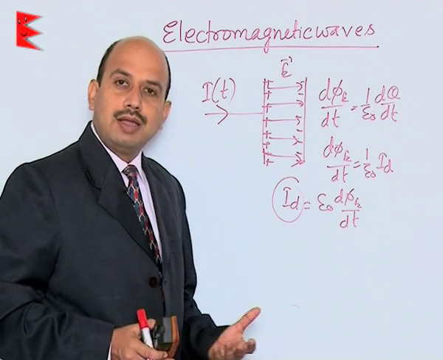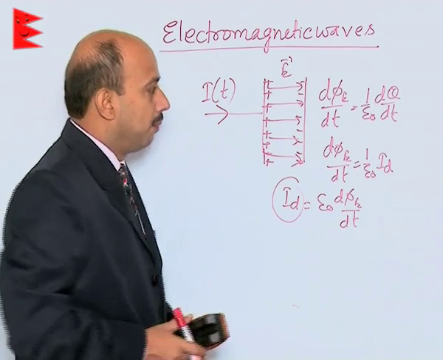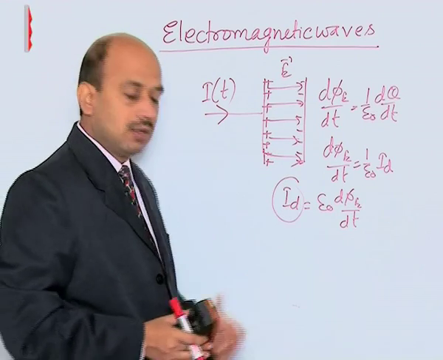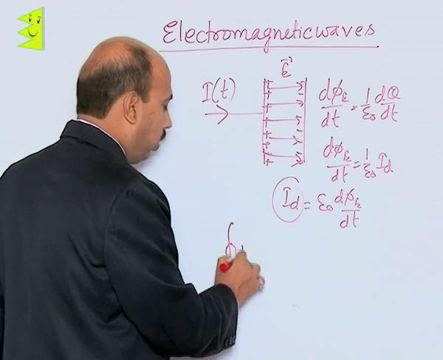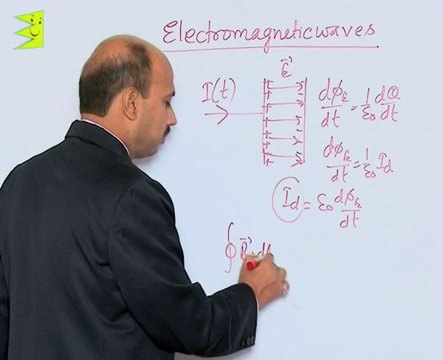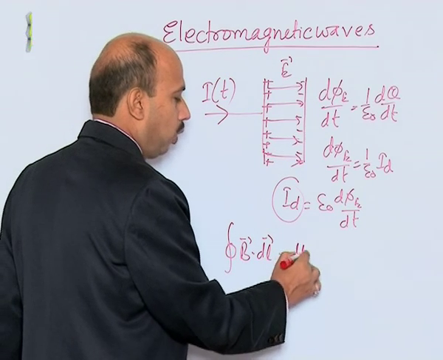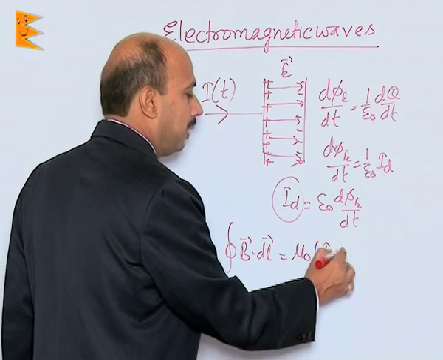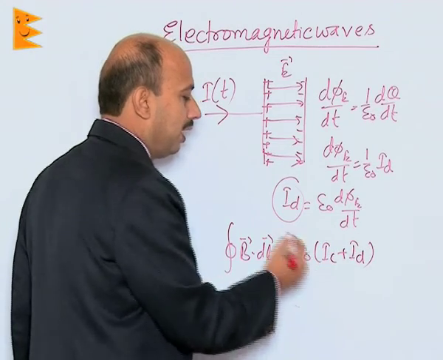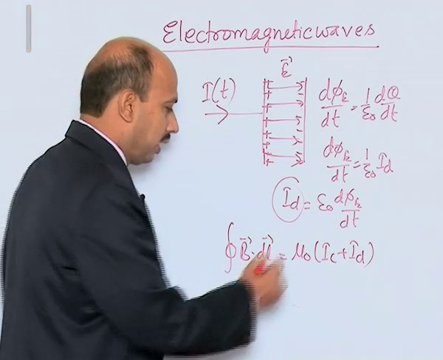Now we can write Ampere's circuital law by including this. That can be written as the integral of B dot dl is equal to mu naught (IC plus ID), where IC is known as the conduction current.